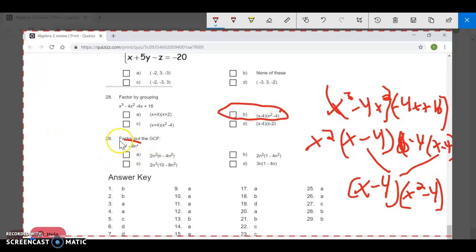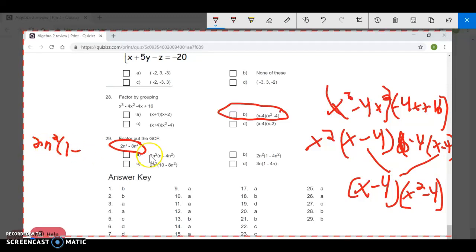So I have to see what's in common between 2 and 8. Well, I could say the greatest common factor is 2. What is in common between n squared and n to the 4th? So n squared is what's in common. So we have to go 2n squared times what equals 2n squared? Well, 1, right? 2n squared times 1 equals 2n squared.